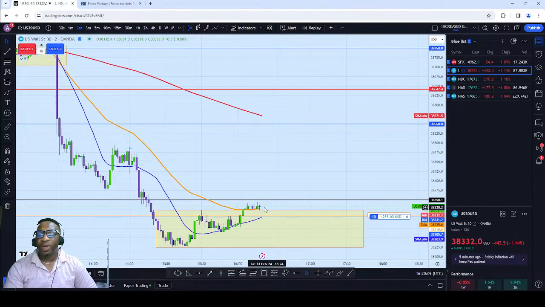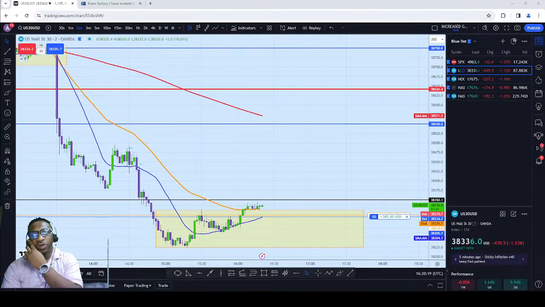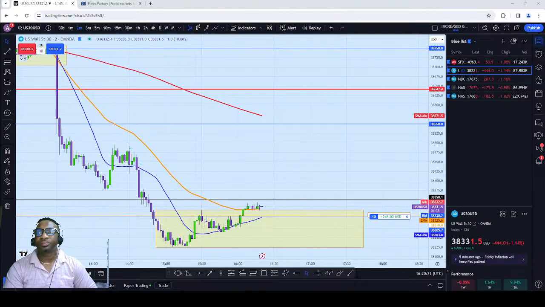So if you are in profit on this trade, just move your stop loss to break even. In case something else happens, you are covered.